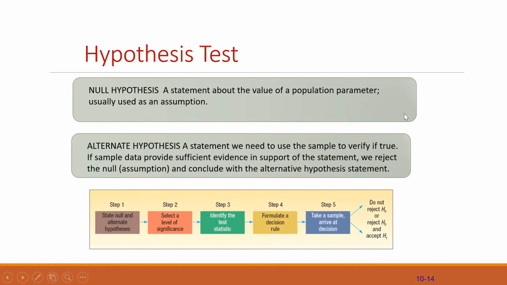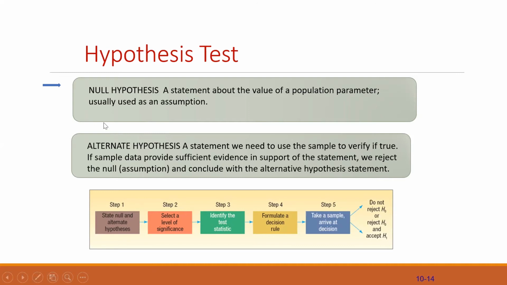For a hypothesis test, what we are doing is basically checking if a statement about the population mean is correct or wrong. And we have two hypotheses, or two statements. One is called the null hypothesis, and the other one is called the alternative hypothesis. Why do we need two?